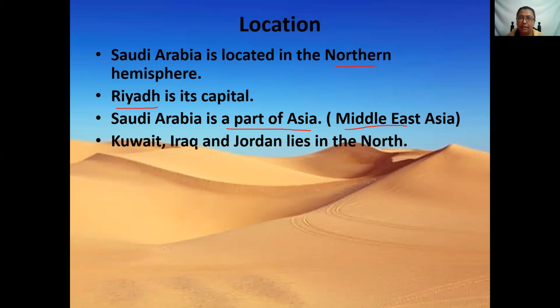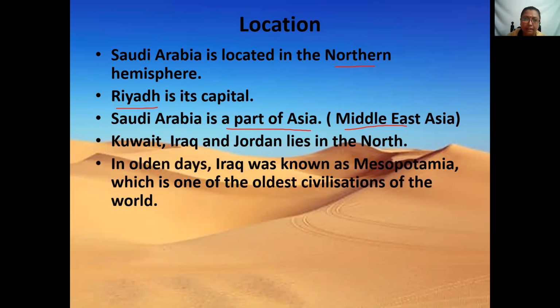Okay. Now, Kuwait, Iraq, and Jordan, they lie in the north, as we saw in the map. And in olden days, Iraq was known as Mesopotamia. This is another name for Iraq. Earlier, in ancient days, it was also called Mesopotamia. And Mesopotamia is one of the oldest civilizations of the world.